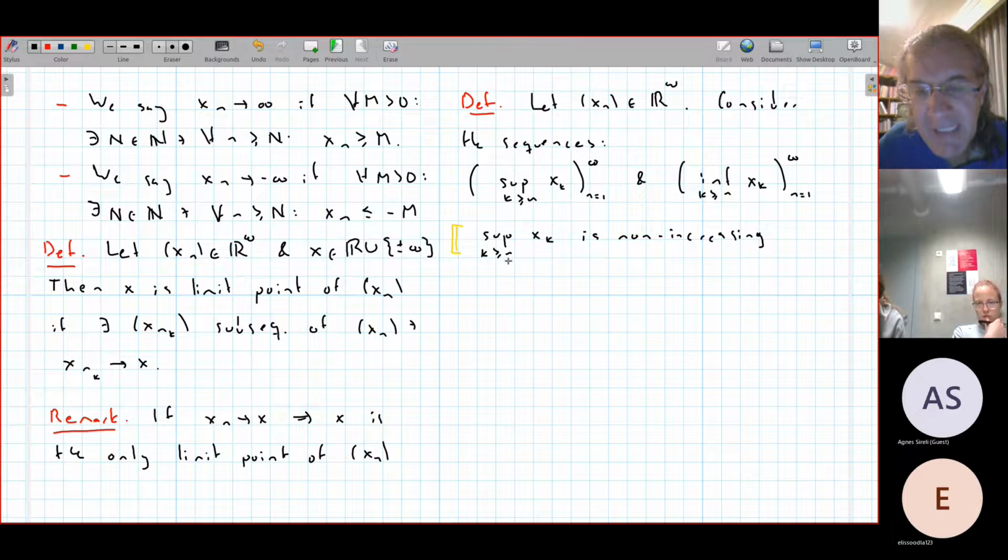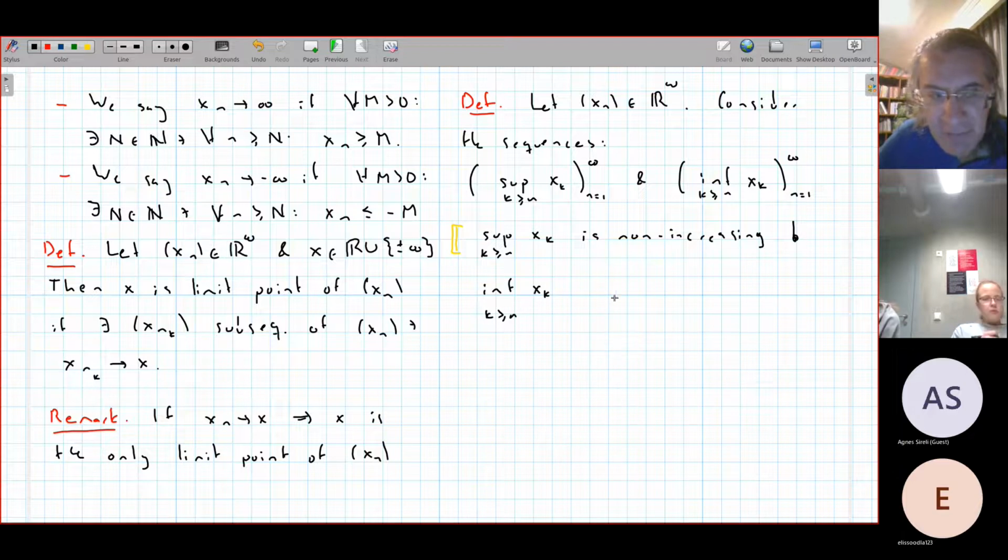So as n gets bigger, you take the supremum over fewer terms. So that's why this is non-increasing. It doesn't increase. It doesn't mean that necessarily decreases, right? But it's non-increasing. On the other hand, this sequence, the infima of xk for k greater than or equal to n, is non-decreasing.